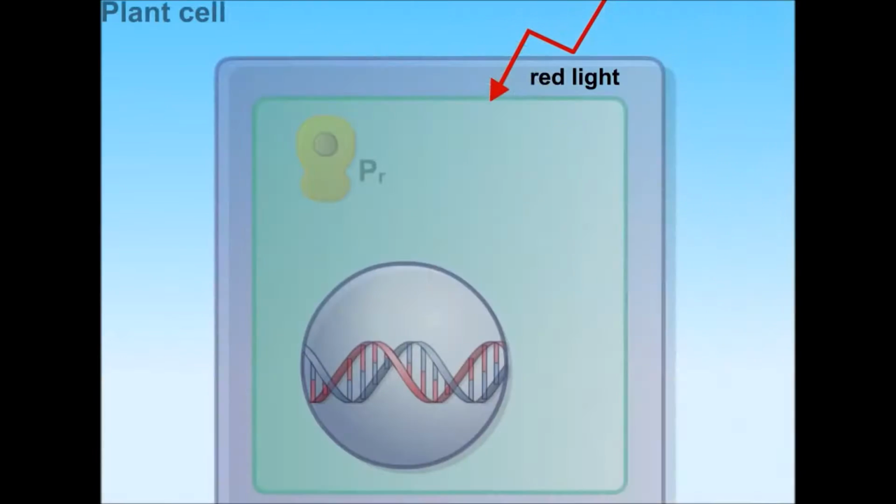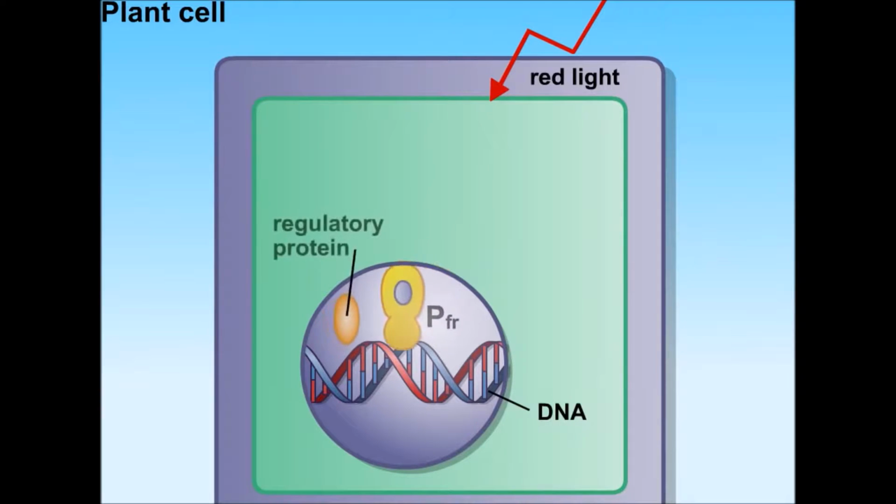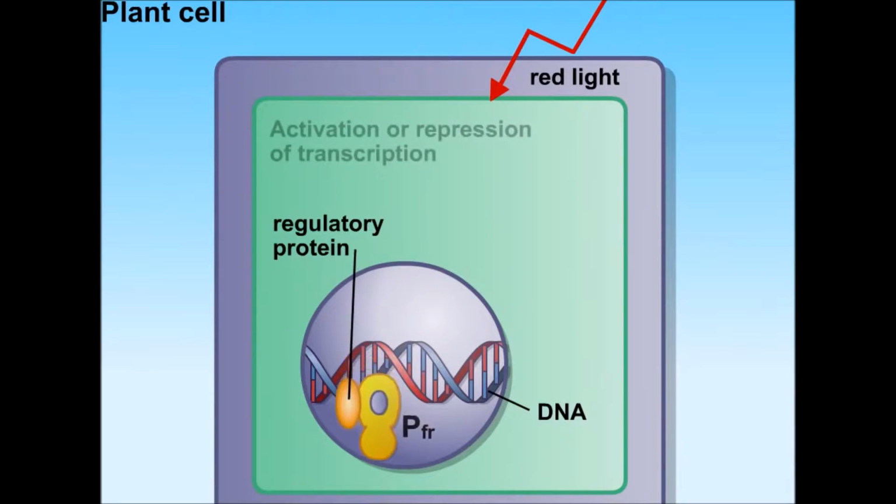The phytochrome protein is originally synthesized in the PR form. When red light enters the plant cell, it converts some of the PR into PFR. In some plants, the PFR then enters the nucleus, binds to proteins that associate with DNA, and either activates or inhibits transcription of specific genes.